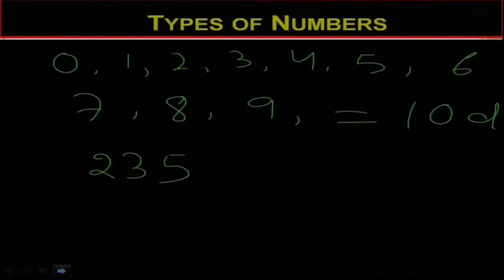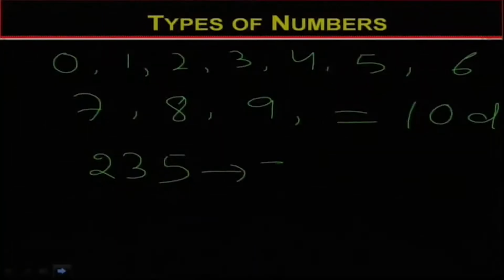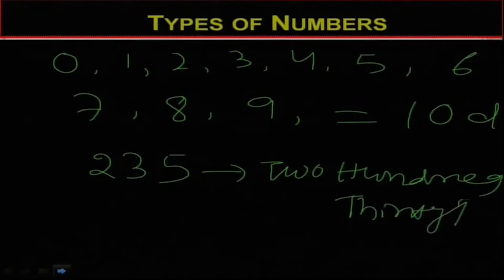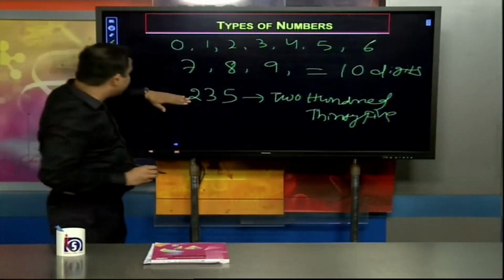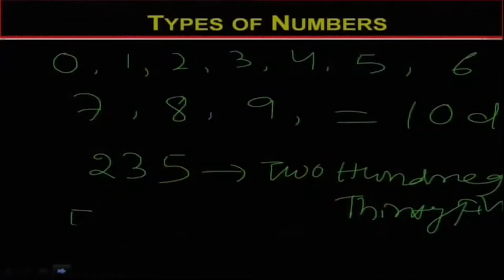When we arrange 2, 3, 5, it becomes 235. So in 235 there are 3 digits, and they are arranged like 2, 3, 5. The same digits can be arranged like 5, 3, 2, that means 532.